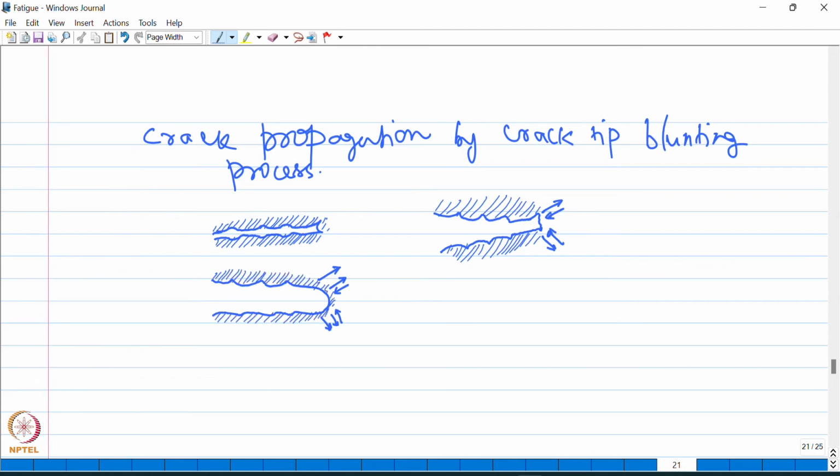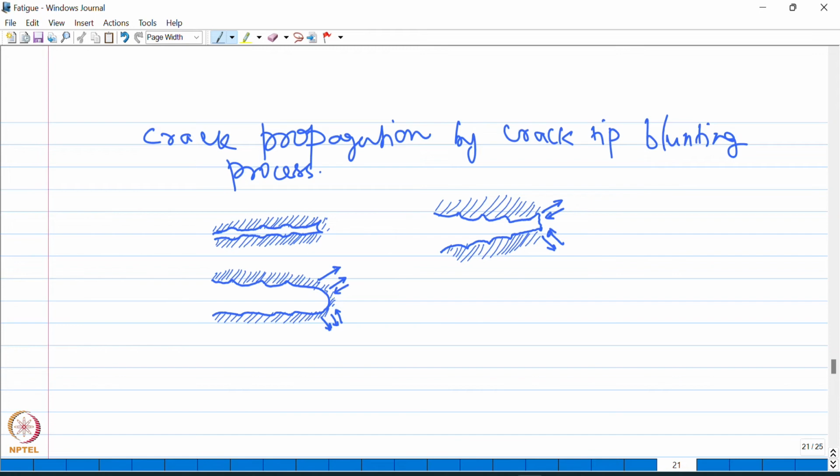Now, when the load is changed to compression, the slip direction changes and the crack faces collapse, and new crack surfaces created during tension are forced into the plane of the crack.